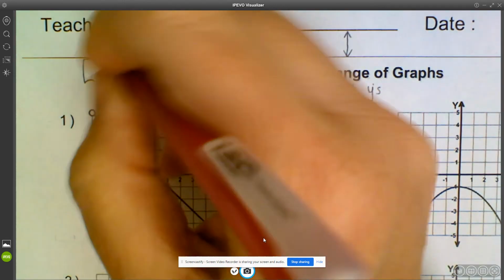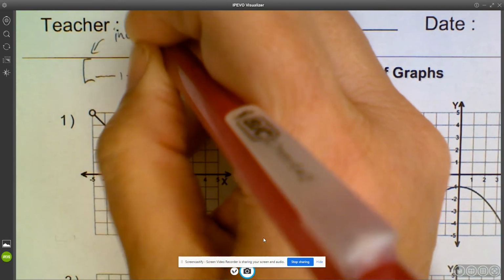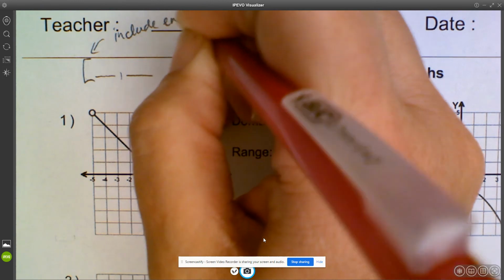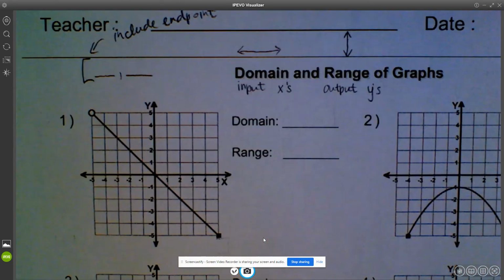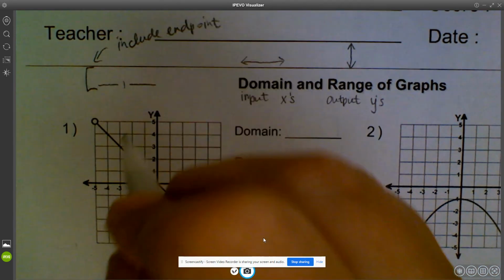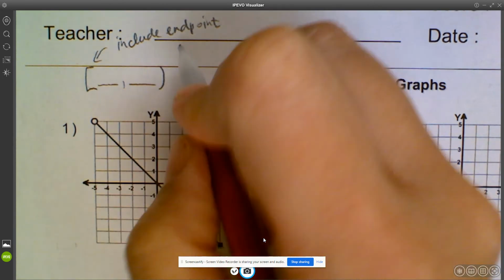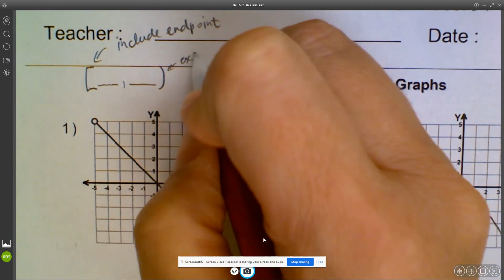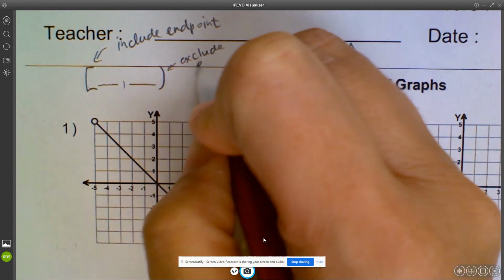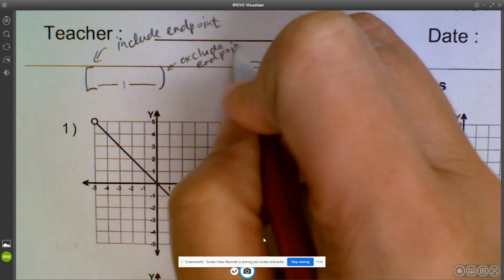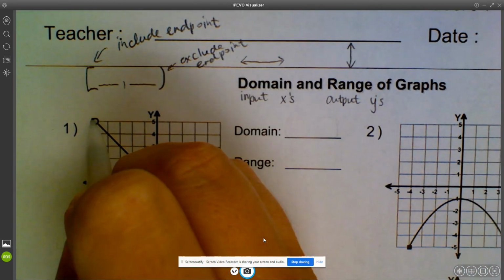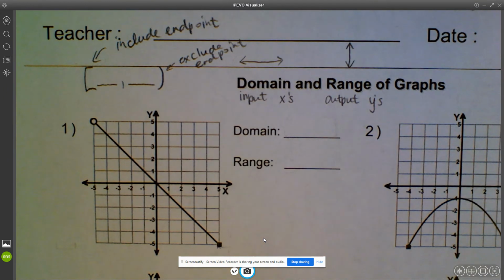So this means we include the endpoint. If I do not want to include the endpoint, I'm going to use a parenthesis. And you'll notice here you can sort of see a rounded piece. So that's another visual cue for you, especially with this worksheet, which is fabulous.